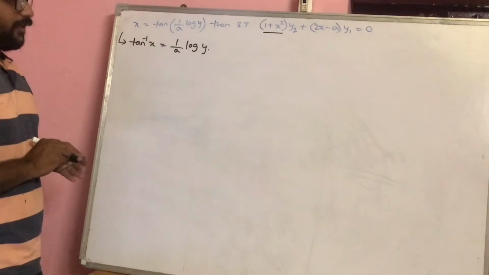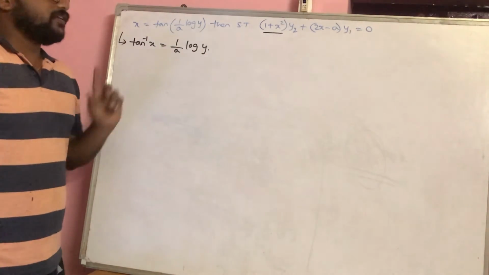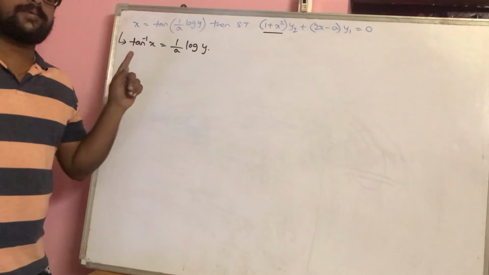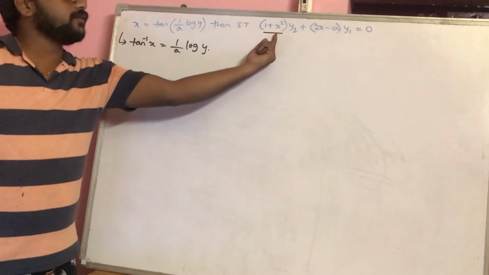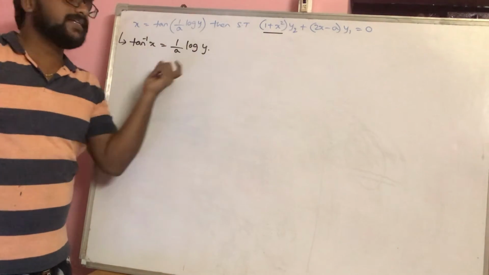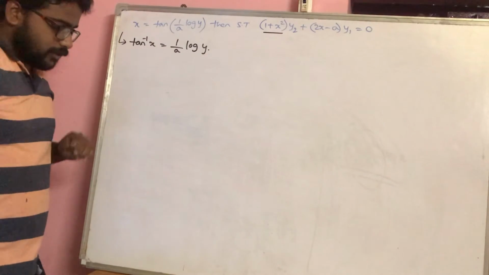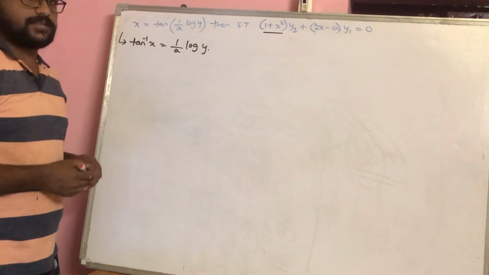Just do the mental calculation: if I apply differentiation here, what will I get? Differentiation of tan inverse x is 1 by 1 plus x square. That means the 1 plus x square term that we require exists in this step if we apply the differentiation. So this approach is correct, and I can proceed with this further step, right?